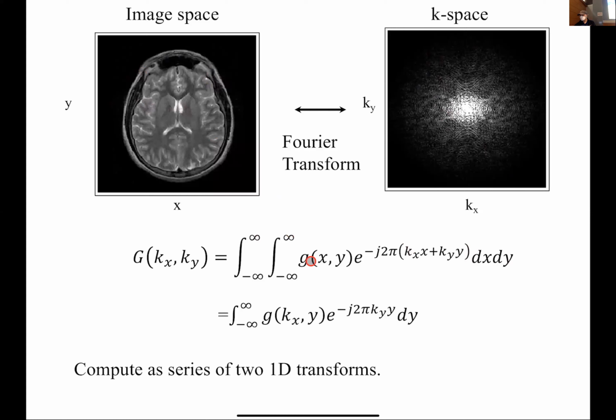And so instead of g(x,y), I'm left with a hybrid function g(kx, y). Now I can just integrate that over y, and then I get my full term. So one way you can compute a 2D Fourier transform is as a series of 1D Fourier transforms.